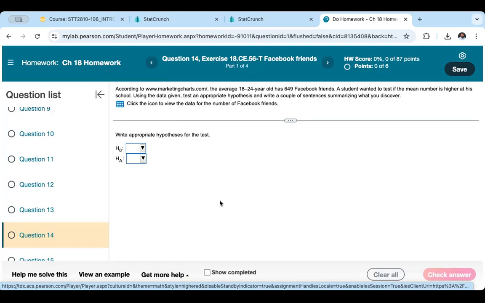Question 14. Who would help us with the appropriate hypothesis for the test? Anybody wants to help us?